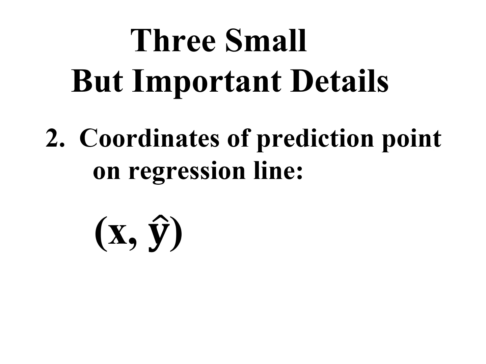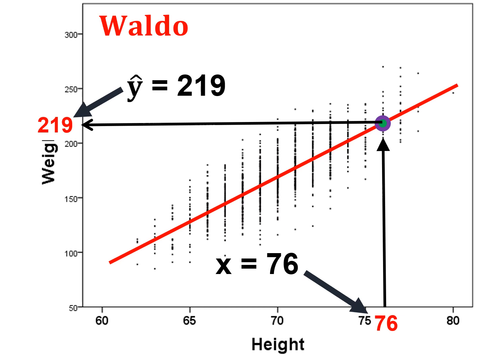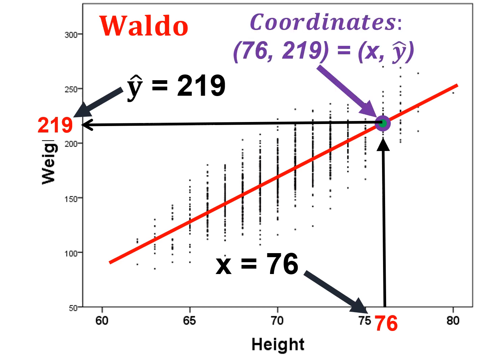Now for the second detail. When we draw the prediction point on the regression line, here are its 2 coordinates, the x and the predicted value of y. So this shows our prediction for Waldo. And up here is the prediction point. Its coordinates are 76 and 219. 76 is x, Waldo's height, and 219 is y predicted, Waldo's estimated weight.